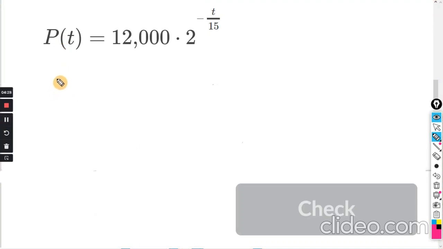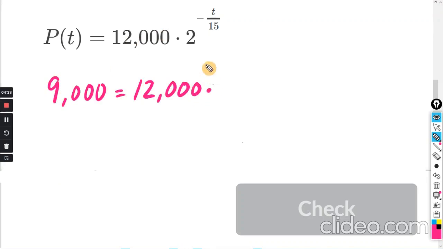So in place of P of t, we're putting in 9,000. And that's going to equal 12,000 times 2 to the power of negative t over 15. That's just the exponent there.